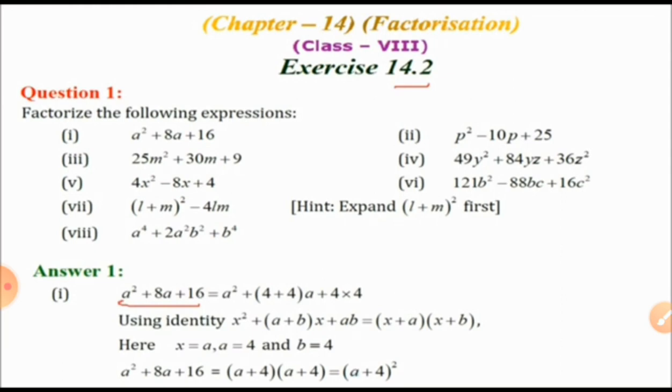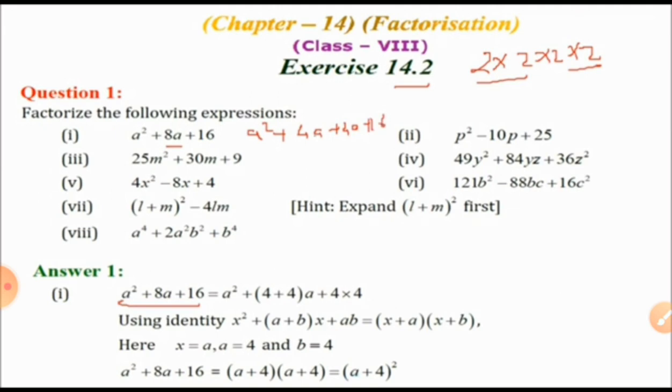My dear student, here you should check out one more thing, because here you can use the identity for the given number. Is it x plus a and x plus b? In the previous lesson we already discussed this one. 8 means 4 into 2, yes, or you can say 4 plus 4. And 16 means 4 into 4, added and multiplied.